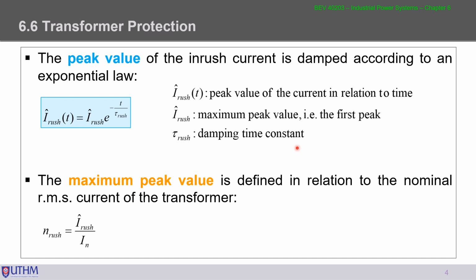From the formula we can get the maximum peak value, defined in relation to the nominal RMS current of the transformer, which is I inrush divided by I N, the ratio of I inrush to I nominal.